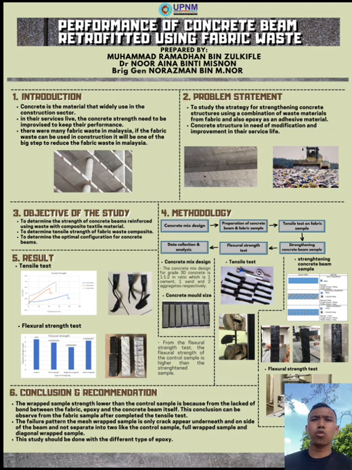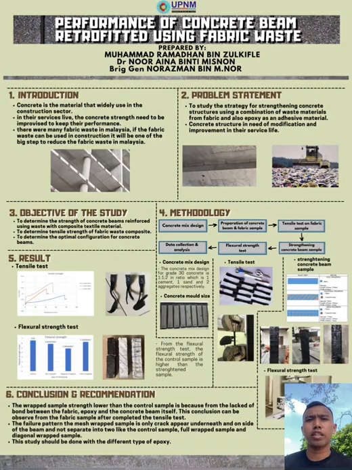And then we go to the conclusion and recommendation. The first one is that the wrapped sample strength is lower than the control sample because of the lack of bond between the fabric, the epoxy, and the concrete beam itself.